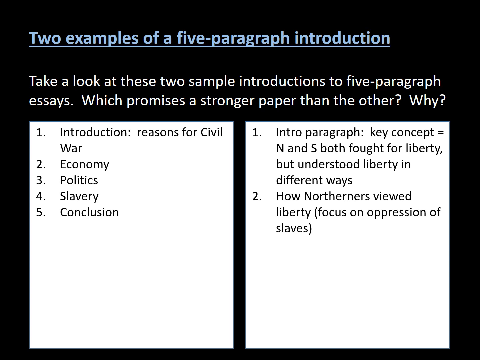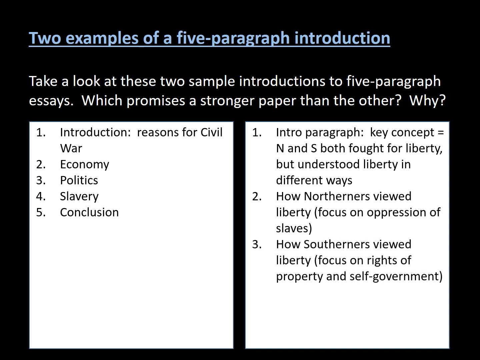The first major paragraph is about how Northerners viewed liberty with a focus on the oppression of slaves. The second key paragraph is how Southerners viewed liberty, with a focus on rights of property and self-government. And then, in the third paragraph, how those led to the Civil War. And then you have your conclusion, which basically runs back over that argument.